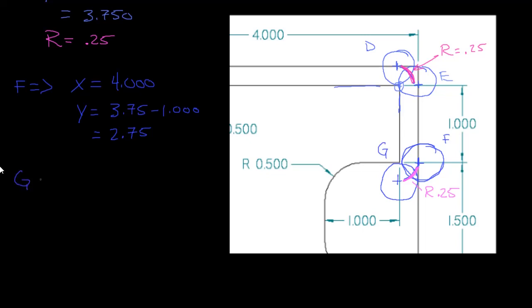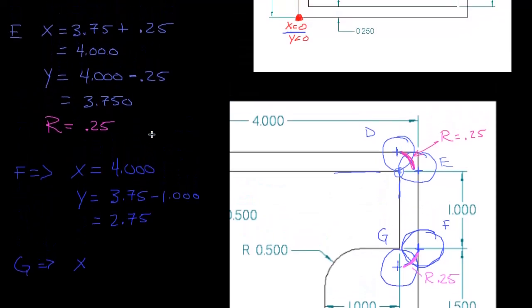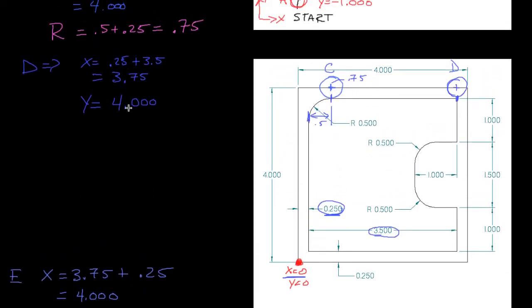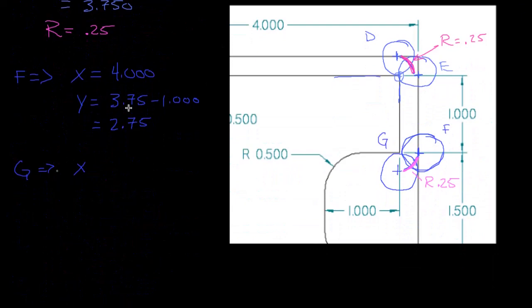So G in the x is now 1/4 of an inch back, so 0.25 inches back. It's actually in line with D, so if we wanted to look at what D was, we could see that. And x is 3.75 inches. So it was at 4 inches, and it moved back 1/4 of an inch.